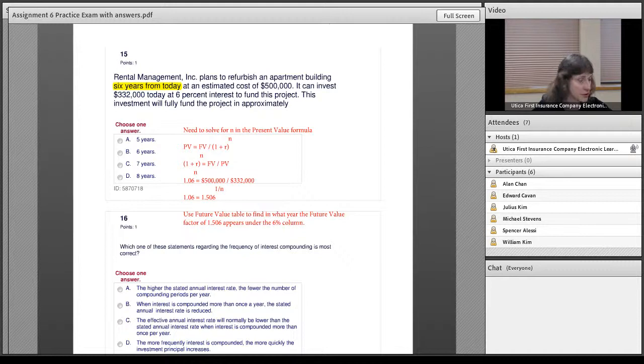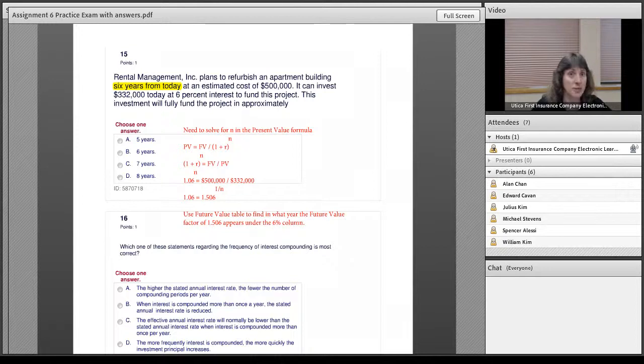So you could have used the future value or the present value formula, it doesn't matter which, but you want to solve for n, which is the number of years. I picked the present value formula. So I took and rearranged it: 1.06 to the unknown nth power, and then I took the 500,000 divided by the 332,000.